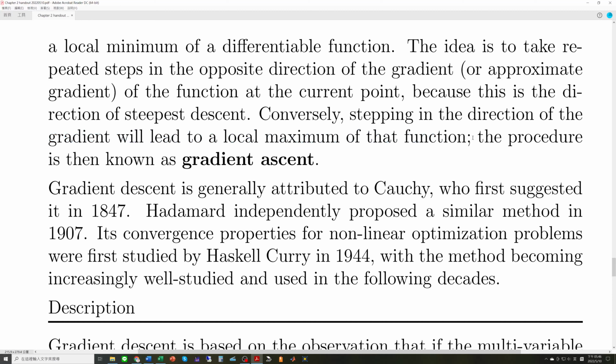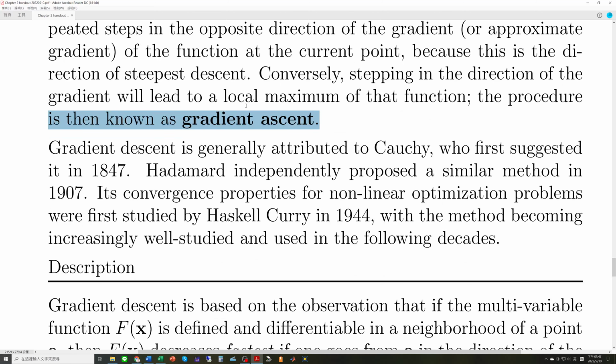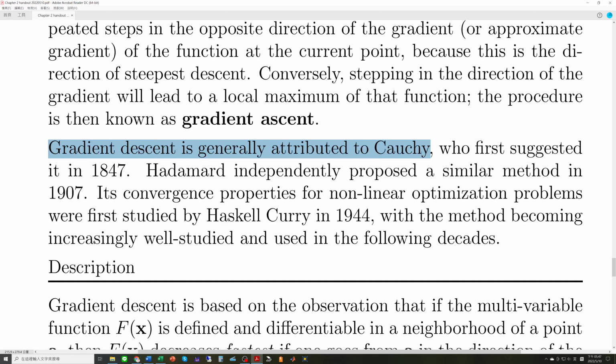The procedure is then known as gradient ascent. So descent means go downward, and ascent means go upward.